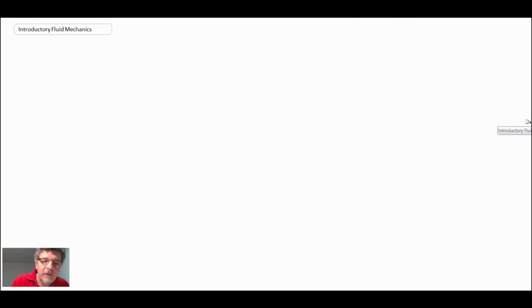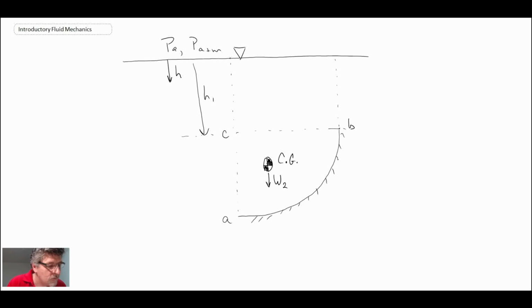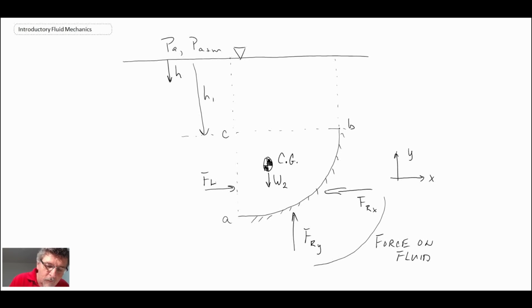To begin with, I'll draw a schematic that we'll be referring to as we go through the derivation. Okay, so this is the curved surface that we're dealing with, and we're trying to determine the forces on the curved surface, which is submerged below the surface of some liquid.